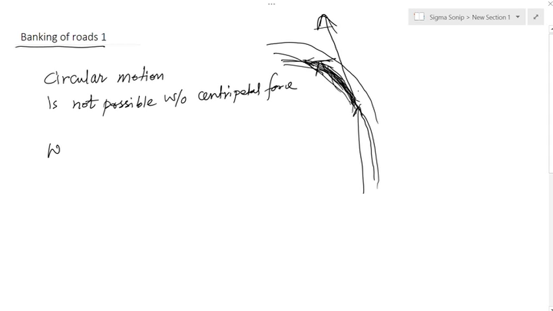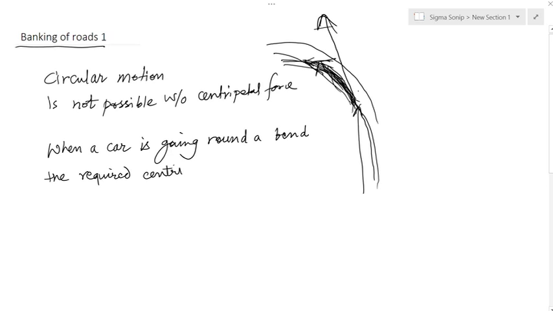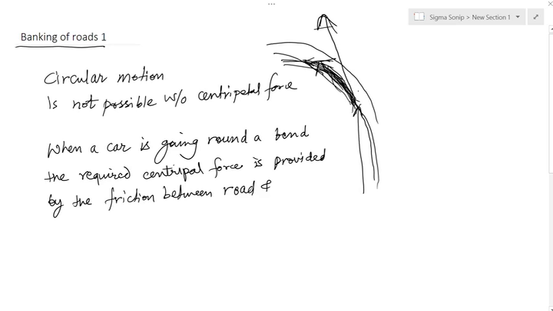So I can write it here: when a car is going around a bend, the required centripetal force is provided by the friction between road and tires.